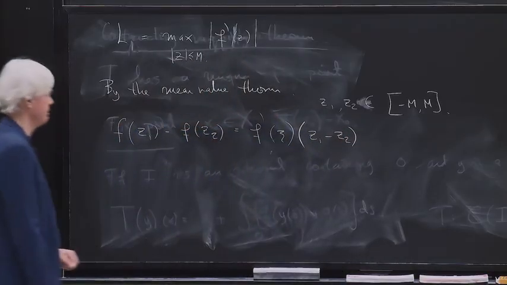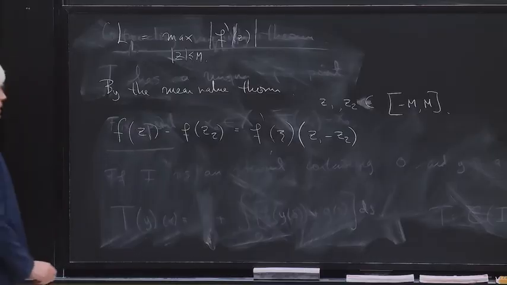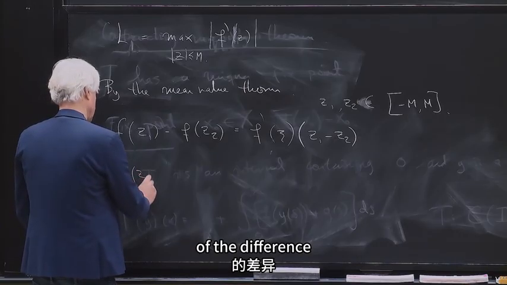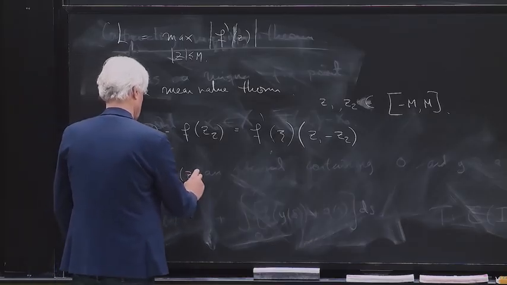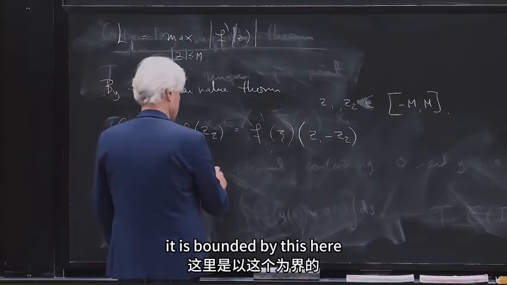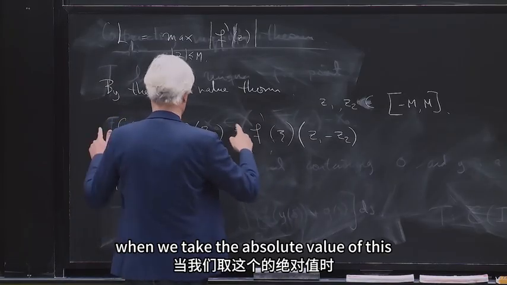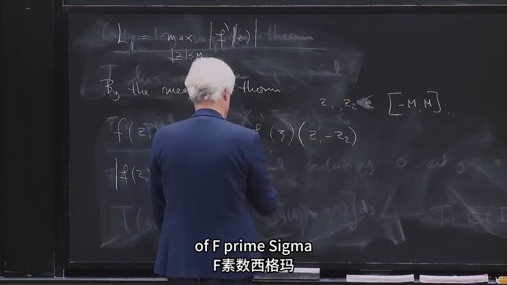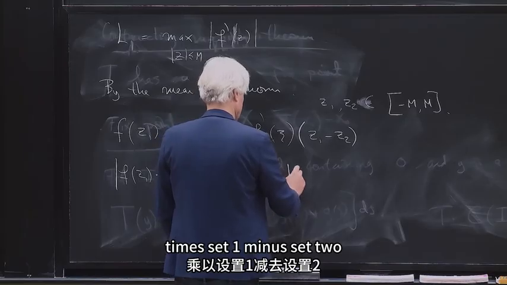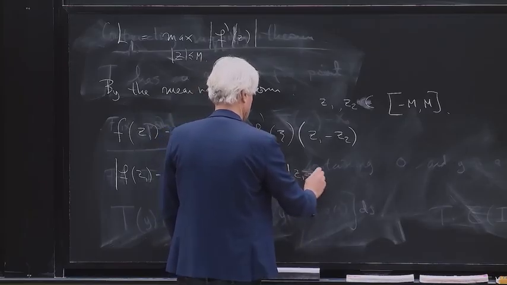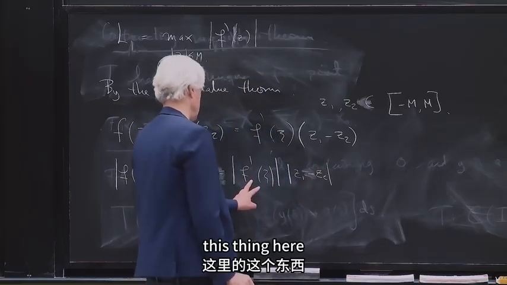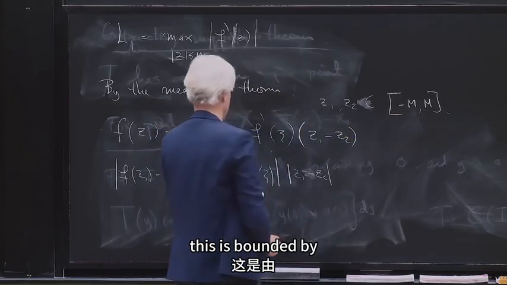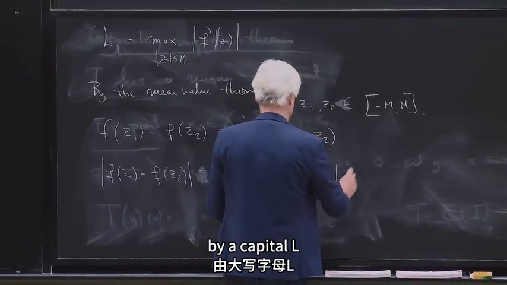This is the mean value theorem. Therefore the norm of the difference is bounded by the absolute value of f prime of psi times Z1 minus Z2. Because these two are in this interval, this is bounded by capital L times the absolute value of Z1 minus Z2.